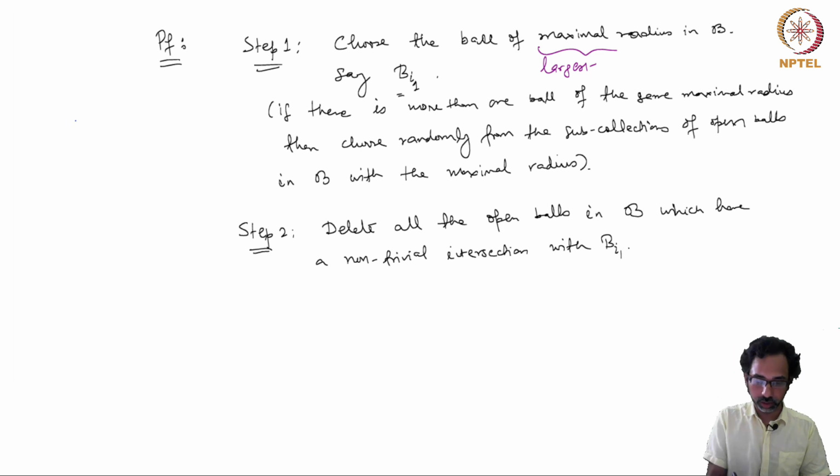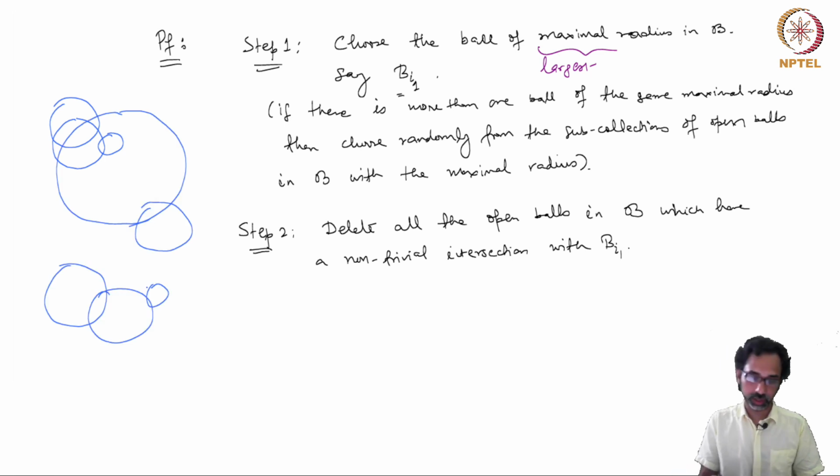So what are we doing here? Suppose we have many balls like this, and if you choose the one with the maximal radius, this is the one, denoted B_i1.